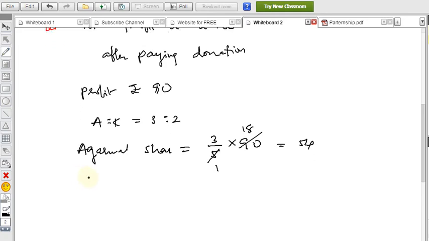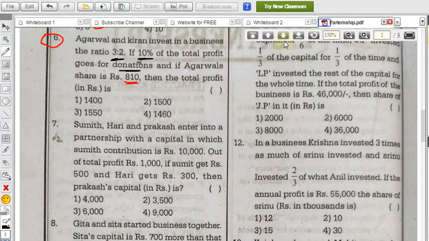There's a condition now. If the total profit is 100, he got only 54. So rupees 54 he got for a profit of rupees 100. Then how much did he get? He got 810. For every 100 rupees he is getting 54.